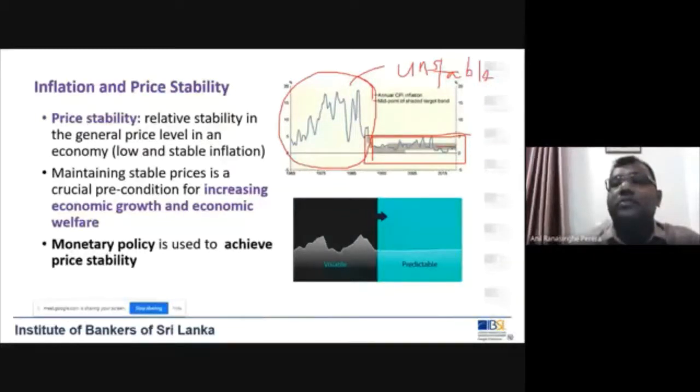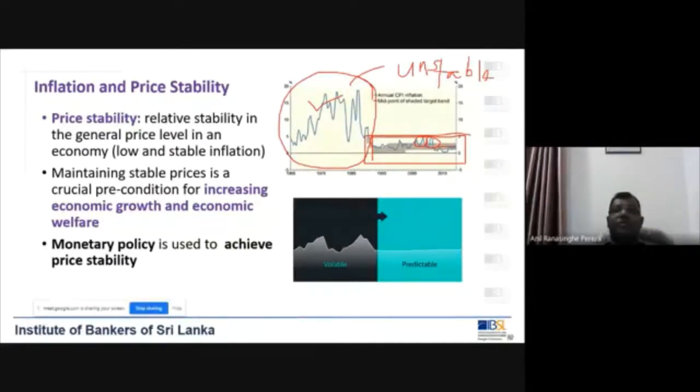Stable means you don't see large fluctuations. In this part, it's not stable. Here, it's very unstable. In this part, there are some hikes or spikes in inflation, but broadly, it's low and stable inflation. So that part has price stability. You can define price stability as low and stable inflation.